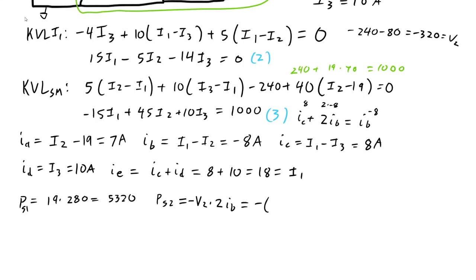So minus negative 320 times 2 times negative 8. So 16 times 320, we have negative 5120 watts being supplied.